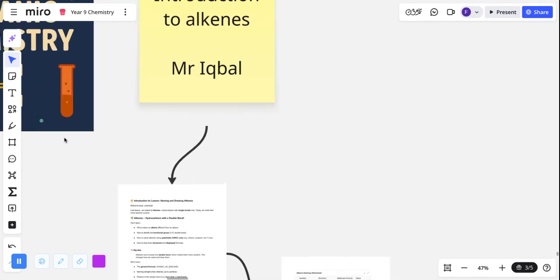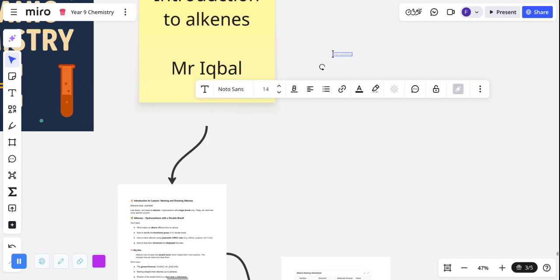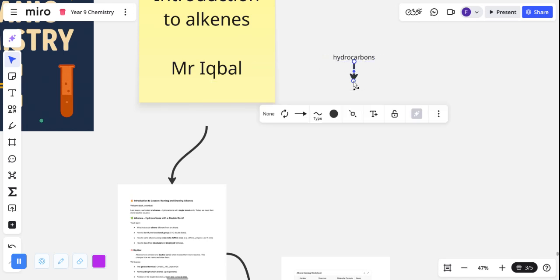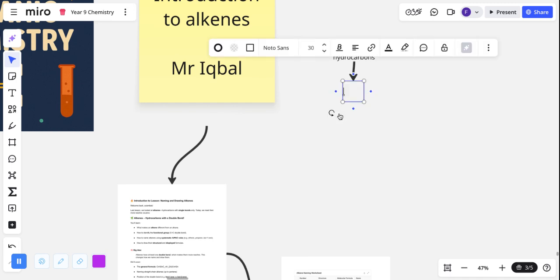So last week we looked at alkanes, and hydrocarbons, which is the group that they belong to. Well, let's just recap that. Hydrocarbons contain two things: hydrogen and carbon.